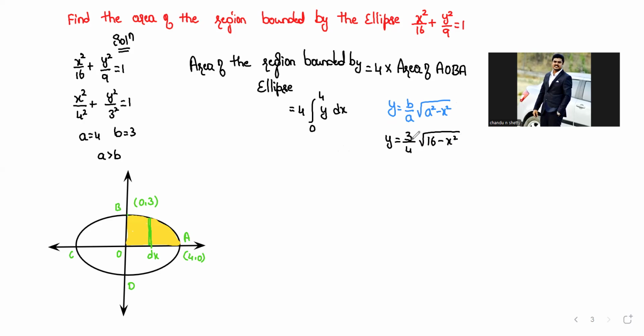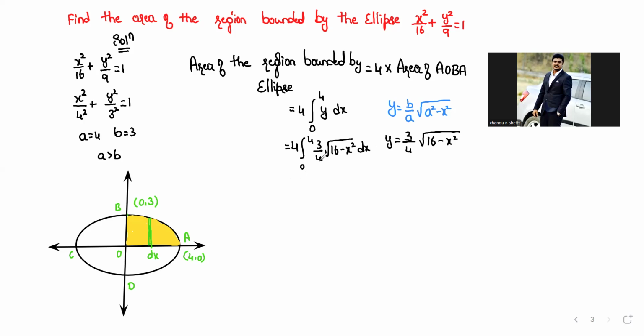Okay, this is the y value. So you should apply this: 4 times the integral from 0 to 4 of 3 by 4 square root of 16 minus x square dx. Clear, all of you?